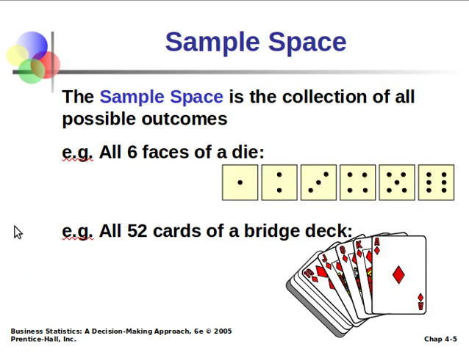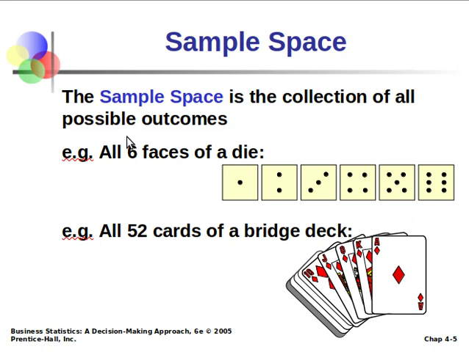Now, let's talk more about the sample space. The sample space is the collection of all possible outcomes. Like in our previous discussion, chapter 2, I think it was, or 3, population is the collection of all possible values.